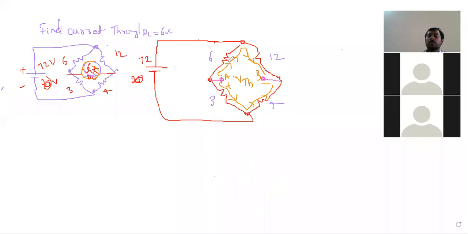So we should find the voltage VThevenin from A to B, nothing but the voltage across the 6 ohm resistor and the voltage across the 12 ohm.